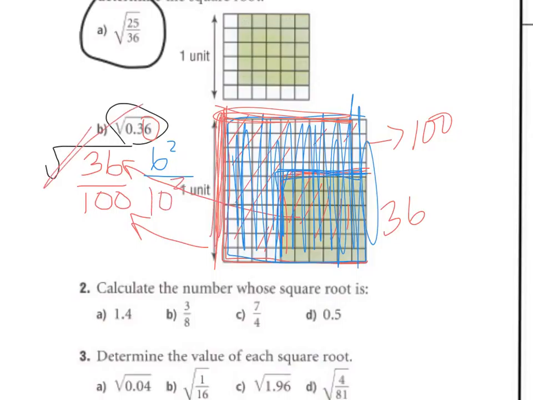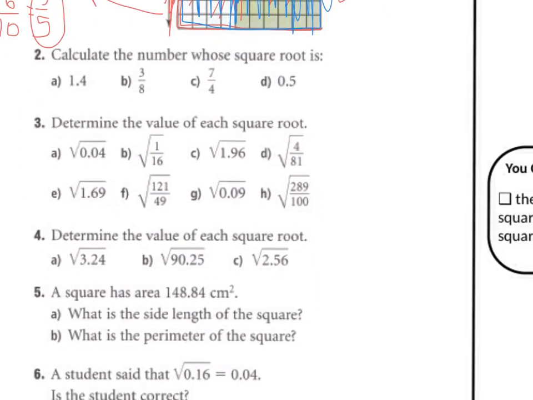Then our square root gets canceled by the squares, and we're left with 6 over 10. Be aware we can reduce this to 3 over 5. So 3 over 5 would be the best answer, but 6 over 10 is also a correct answer.